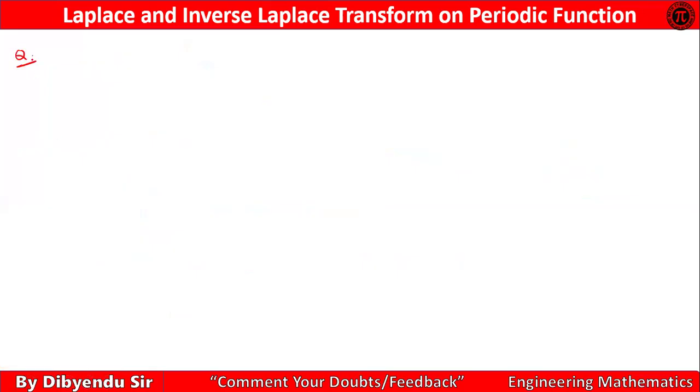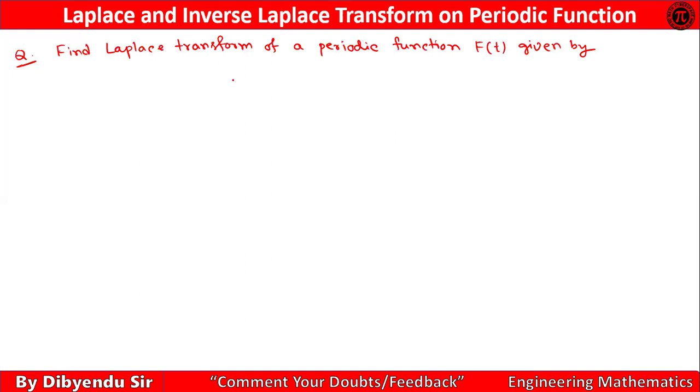Question. Find the Laplace transform of a periodic function capital F of t, given by f of t equals t when 0 less than t less than c, and 2c minus t when c less than t less than 2c.